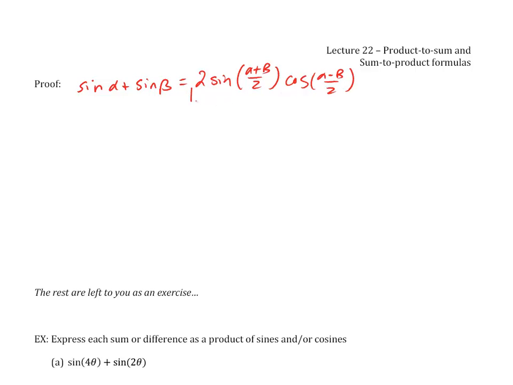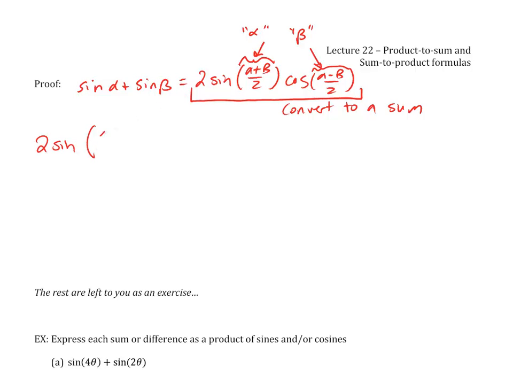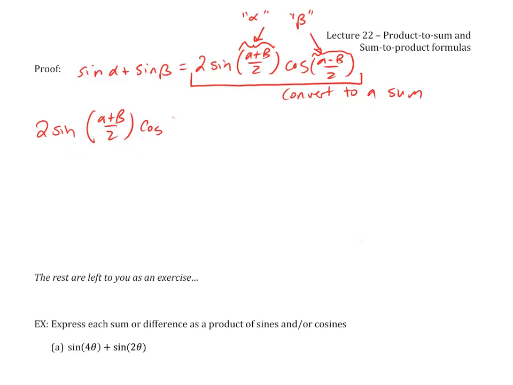Now, we actually have a formula for converting this to a sum, based on this whole thing being, I'll put it in quotes, the alpha, and this whole thing right here being the beta. So if you start with the left-hand side, 2 sine of (alpha plus beta) over 2 cosine of (alpha minus beta) over 2.